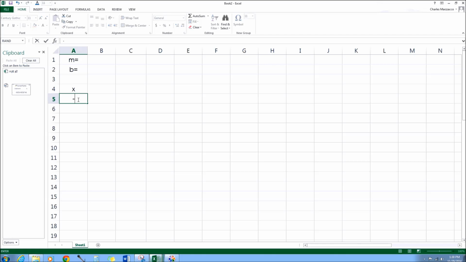So I'm going to go -10, -8, copy. Then y would be equals m times F4, plus B equals F4.